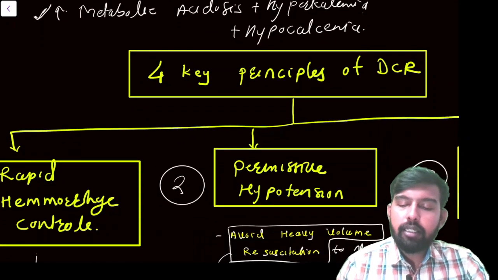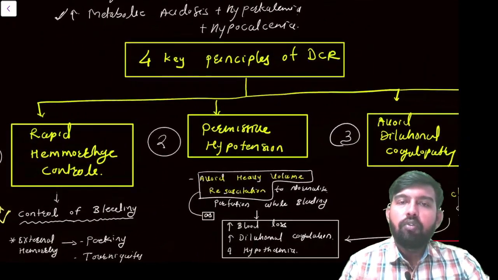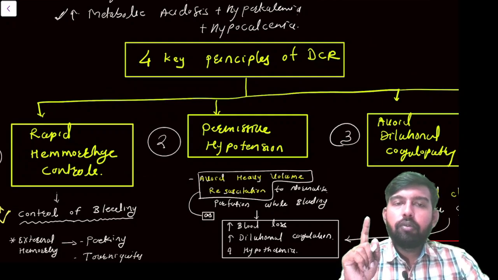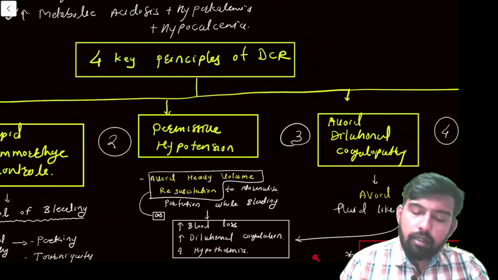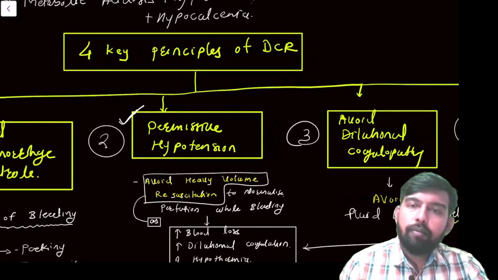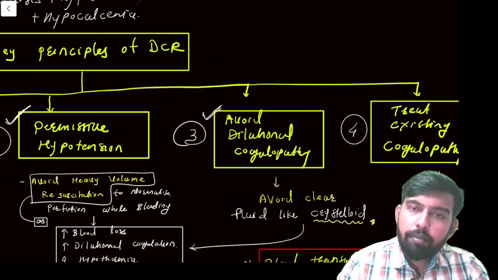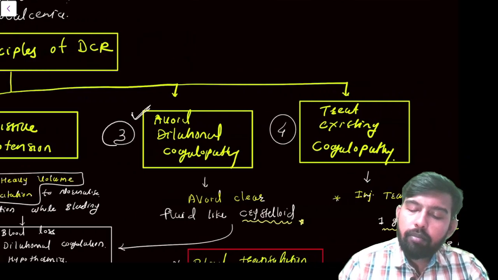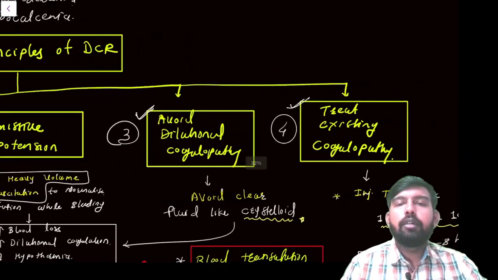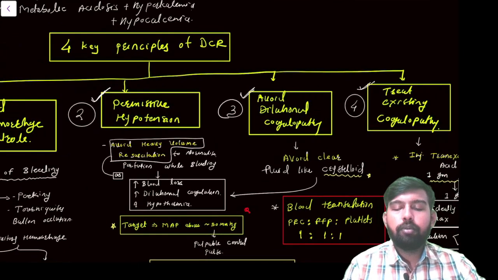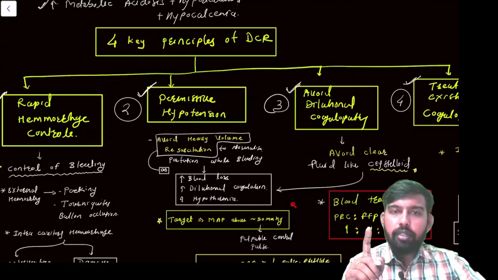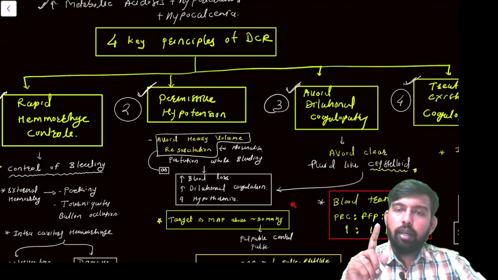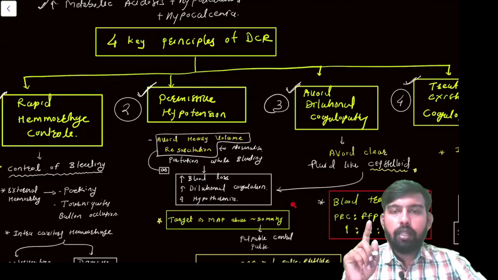Damage control resuscitation has 4 key principles: rapid hemorrhage control, permissive hypotension, avoid dilutional coagulopathy, and treatment of existing coagulopathy. Remember these 4 key components of damage control resuscitation.